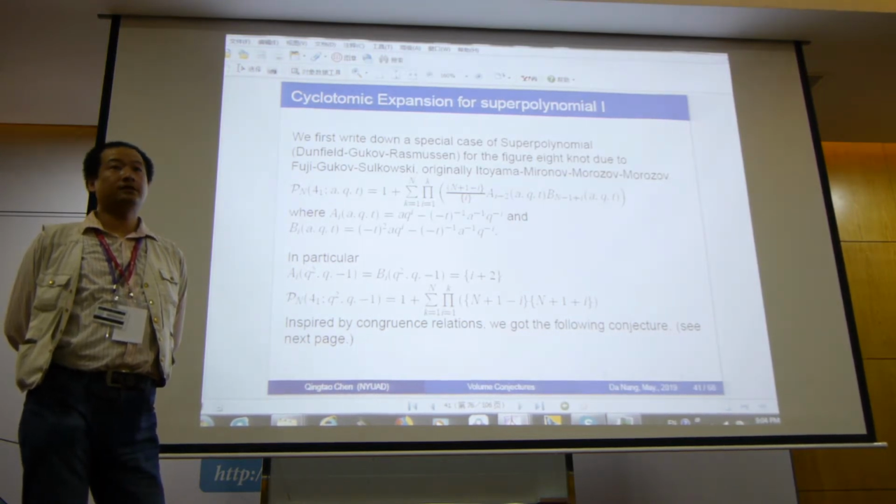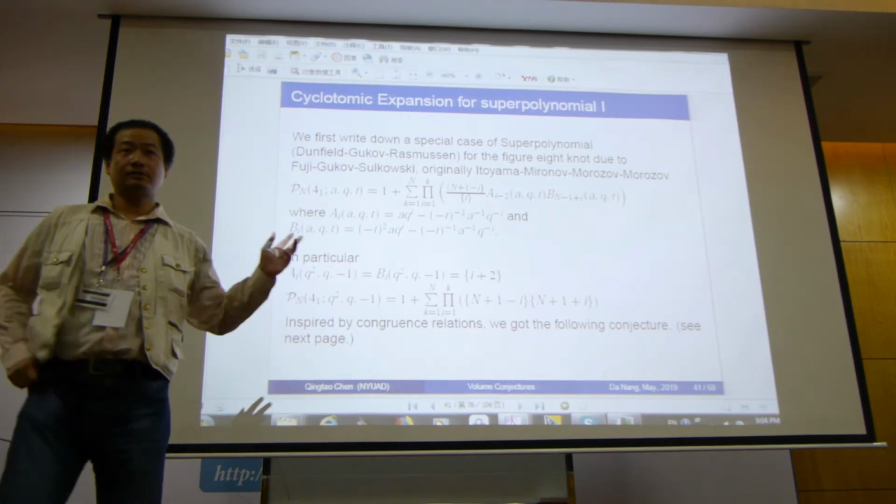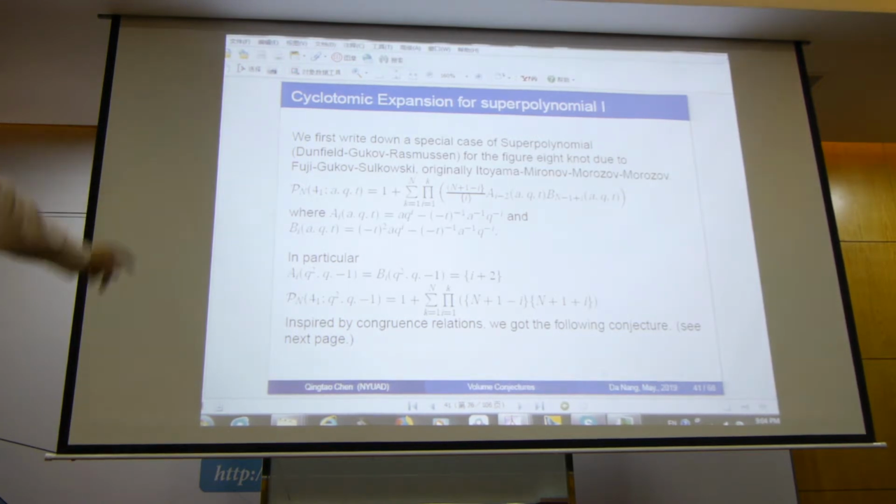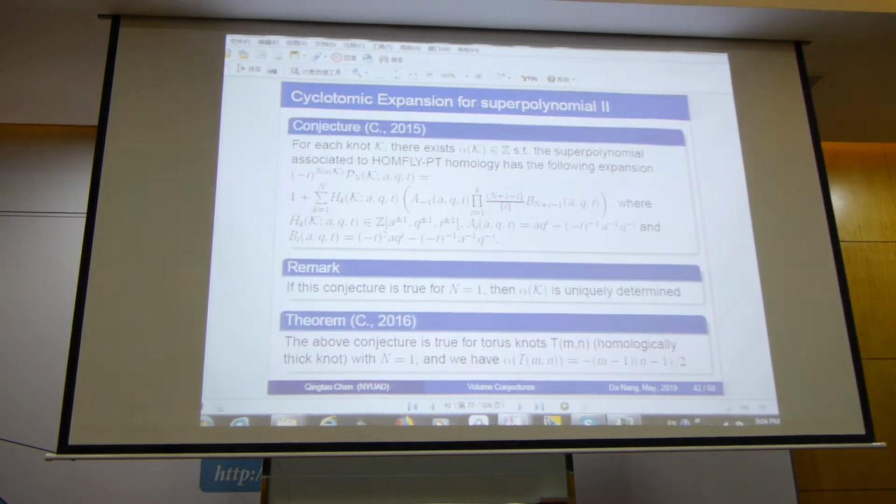Okay, so this is a conjecture, but it was recently proved, I think, in a recent paper. I think for the figure 8 it is proved, maybe not for all the twist knots. The figure 8 at least is proved, and also torus knots are proved.